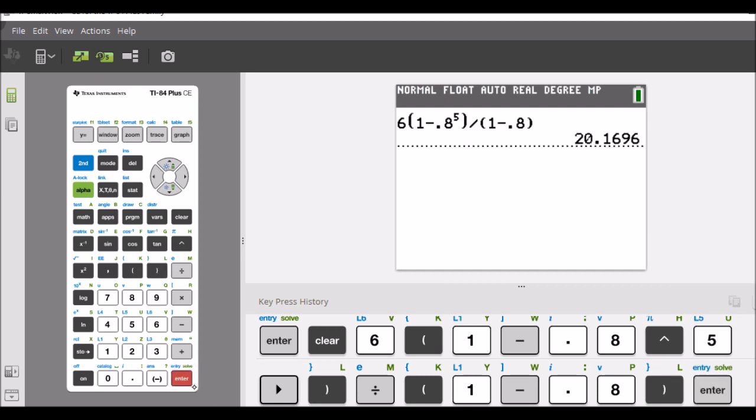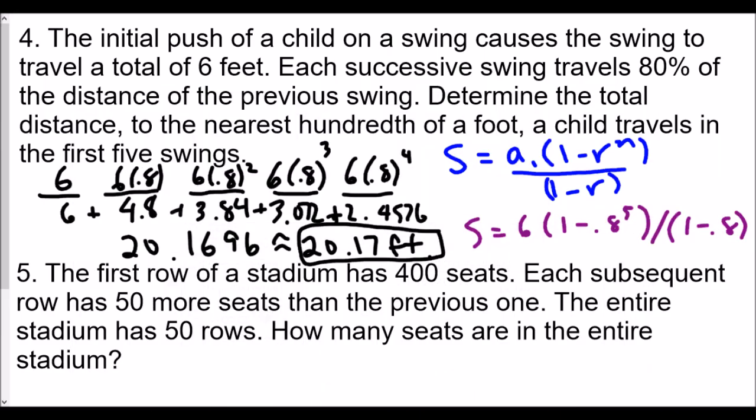But as long as we put parentheses properly, we should get this okay. And the answer is 20.1696, the same as before, which gives us the same answer of 20.17. Now, which one is the best one to use? I think in this case, whichever one you're comfortable with is the main thing. Okay, all right. Now for number 5.